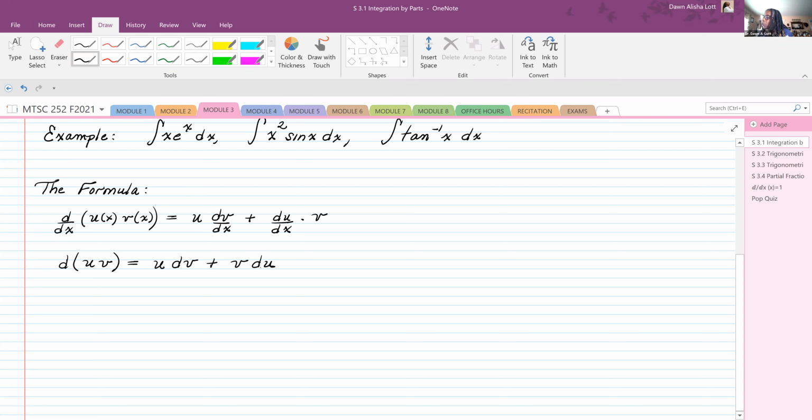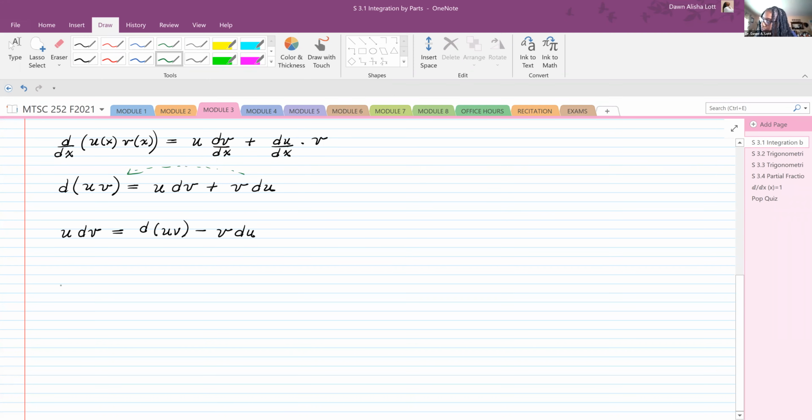Now I want to solve for u dv. So u dv is going to equal the derivative of uv minus v du. So I just threw this thing to the other side.